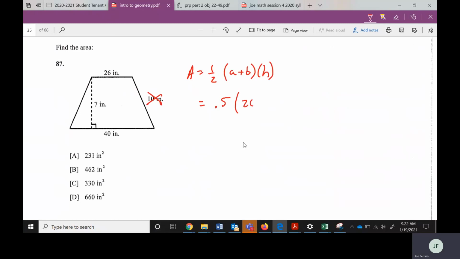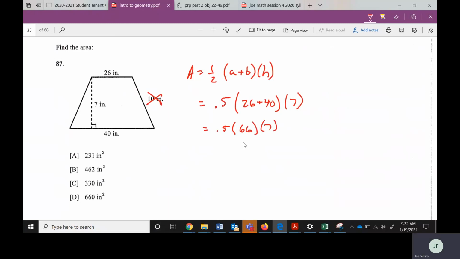Then we're going to have 26 plus 40, and then also times the H, which is 7. So 0.5 times 66 times something.